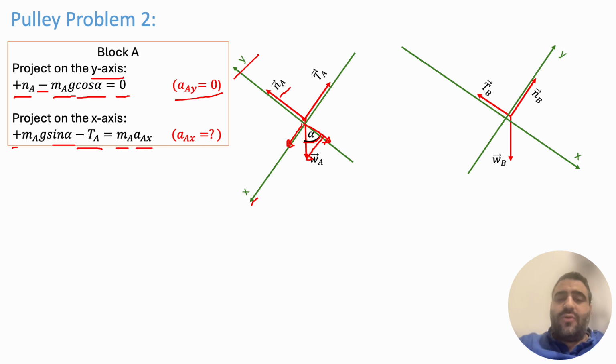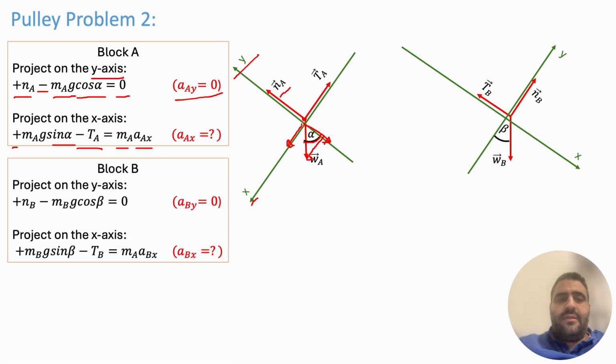Now, that's what I want to find. I need to find the acceleration of A along the x-axis. So this is my unknown. Similarly, for B, the angle that the weight makes with the y-axis is the same as the angle that the incline B sits on makes with the horizontal. I do the projection on the y-axis, but I already know the acceleration of B on the y-axis.